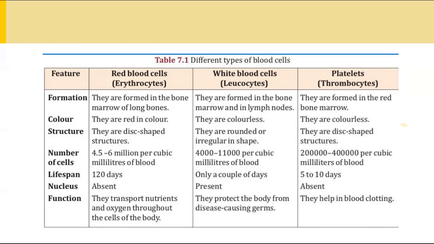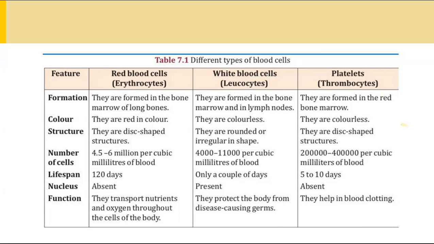The lifespan of RBC, you already know, is 120 days, but the lifespan of WBC is only a couple of days. The lifespan of platelets is 5 to 10 days. Nucleus is absent in red blood cells, present in white blood cells, and absent in platelets.